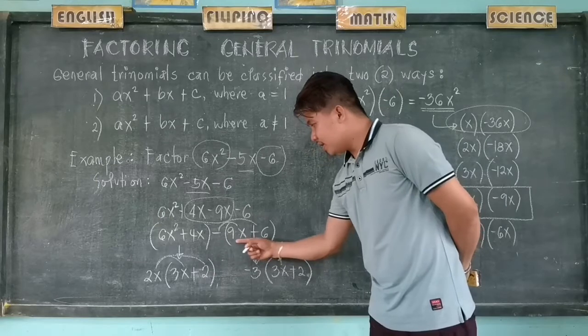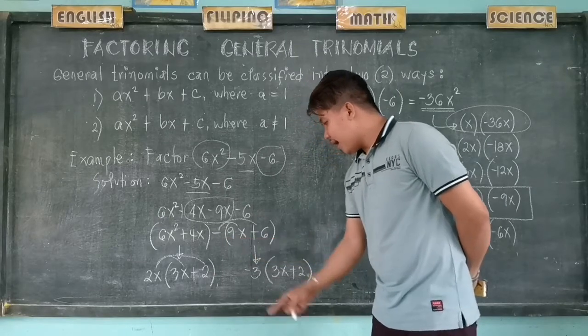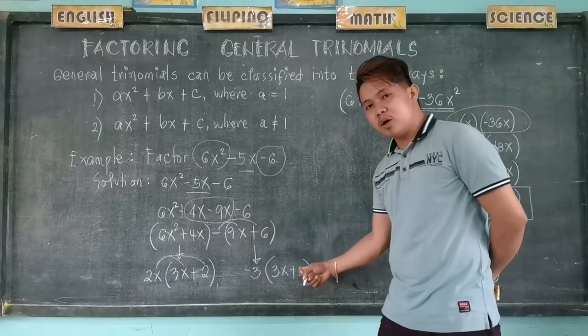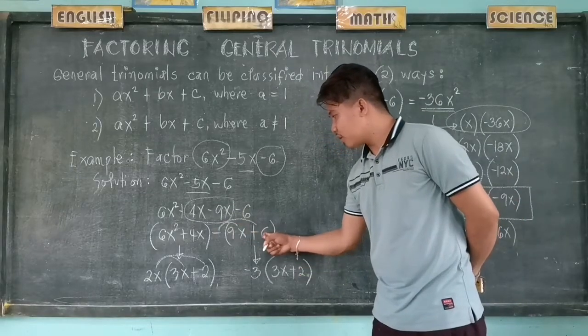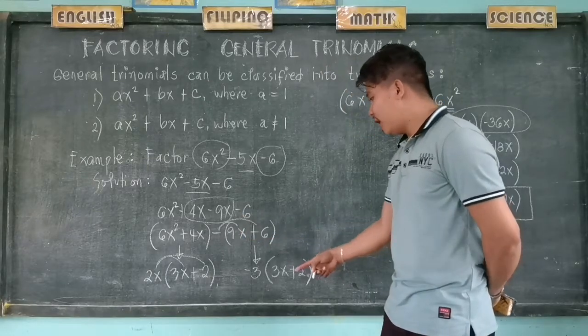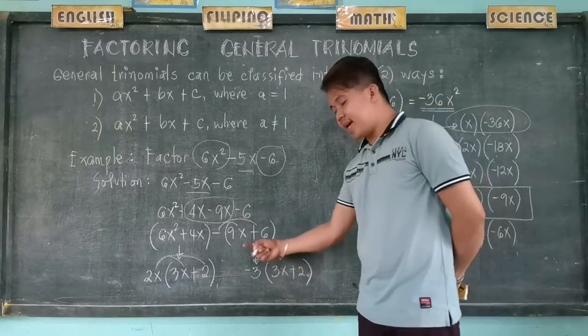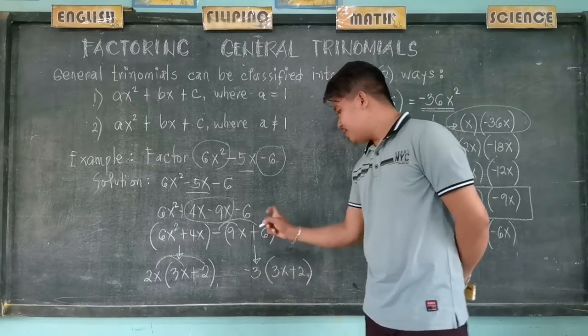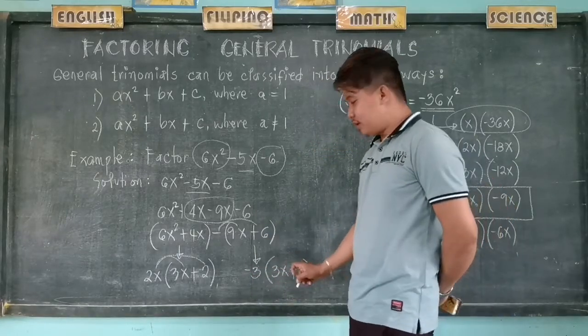And then, negative 3 times 2, the result is negative 6. Therefore, this is the factor of the second group. So we have negative 3 times the quantity 3x plus 2.